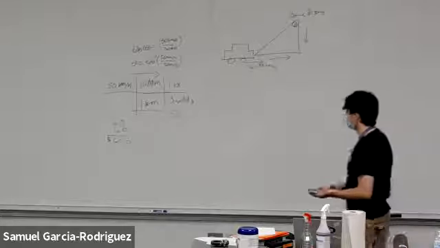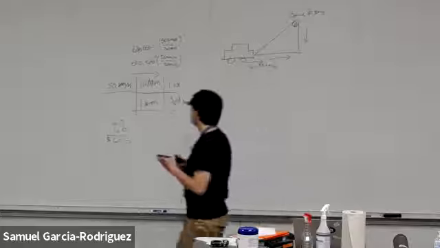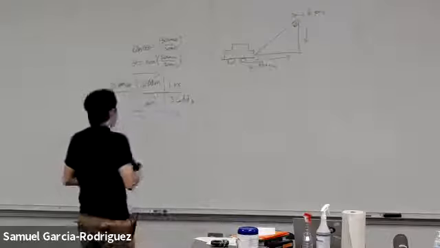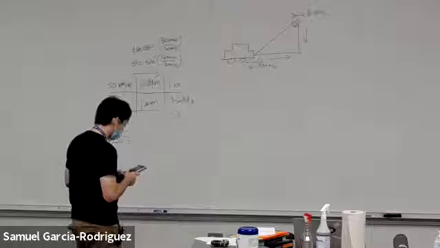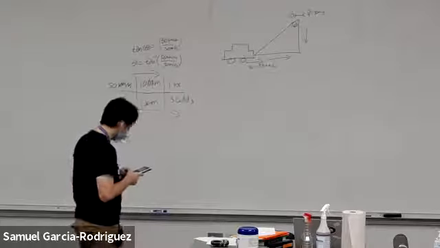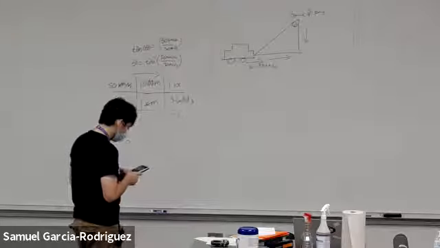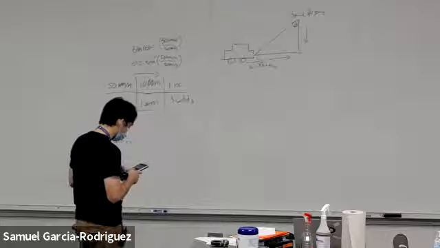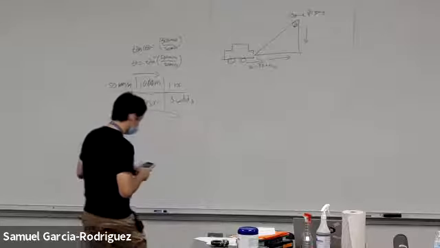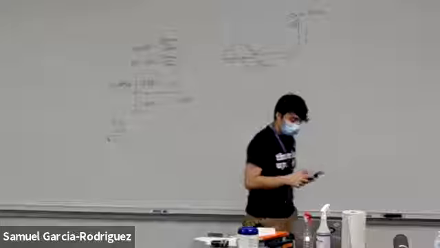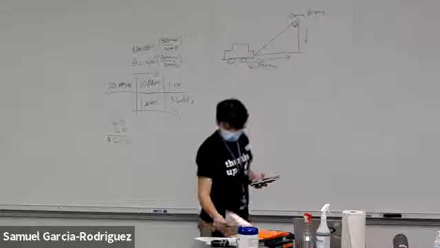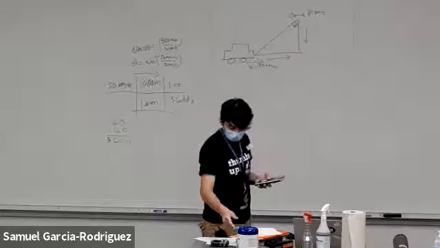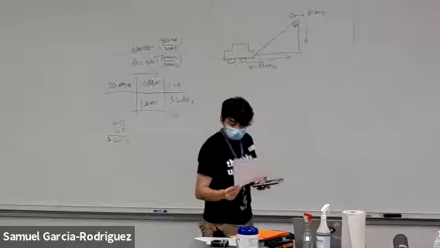I'm going to guess like 300, I guess. No, 500 divided by 36. Oh, I wasn't even close. 13.88. Wait, that's not even the right one. Yeah, it is. Yep.